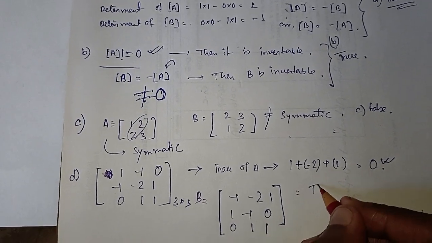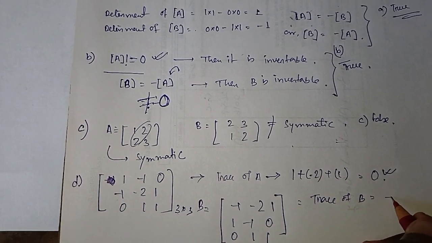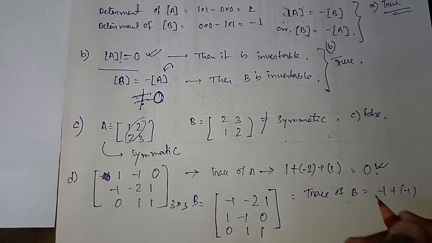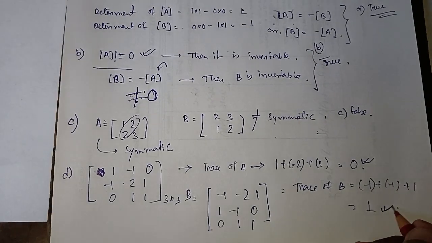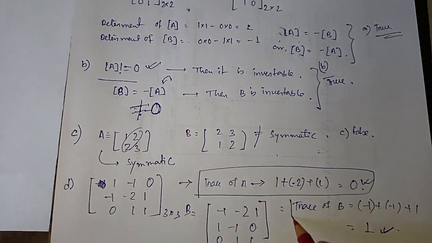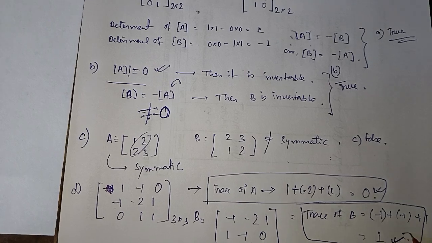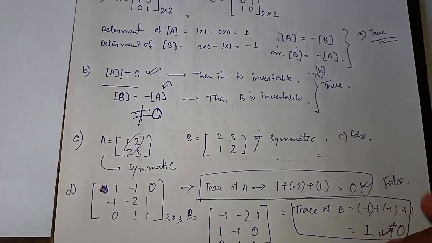The trace of B is minus 1 plus minus 1 plus 1, so we get minus 1. So it is not necessary that if the trace of A is 0, then the trace of B is also 0. So this statement is a false statement.